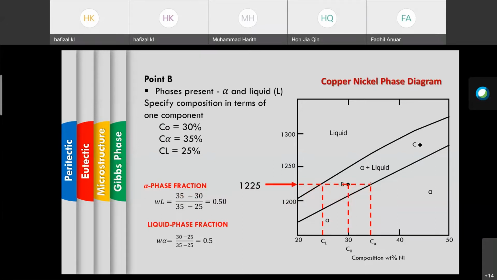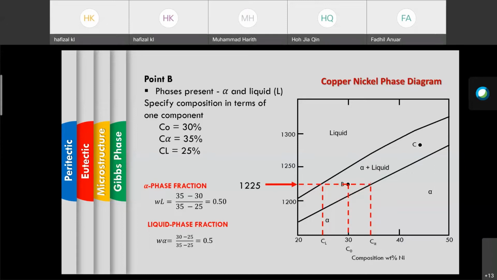So that means we have 50% alpha phase and also 50% liquid phase. Okay, this one is approximate, so maybe you set a different value from others, it doesn't matter. At least we can calculate the value by using the lever rule.